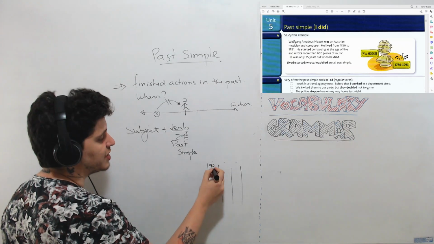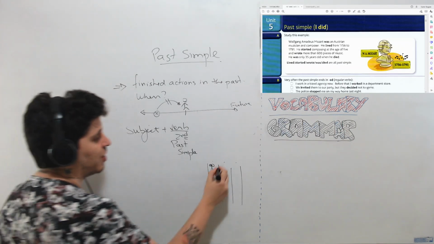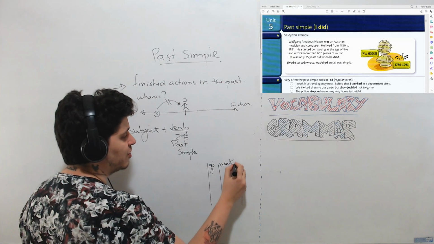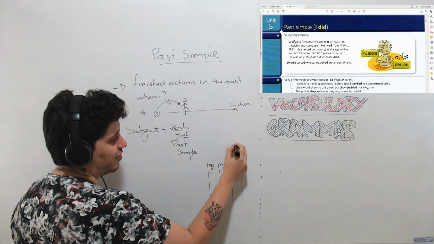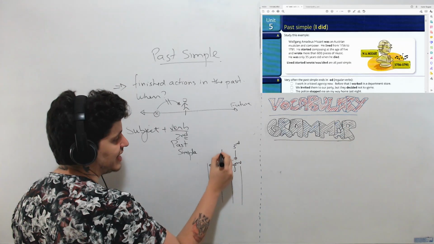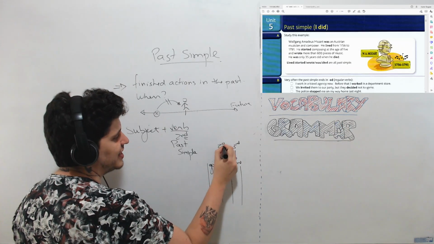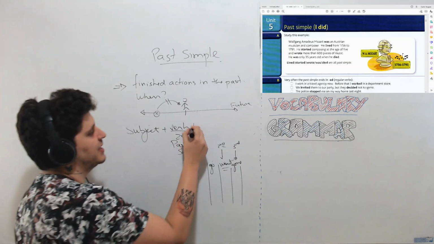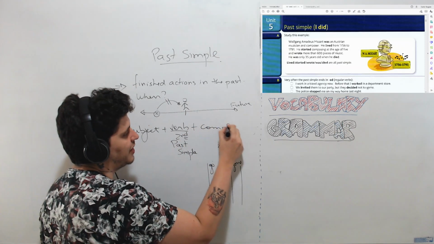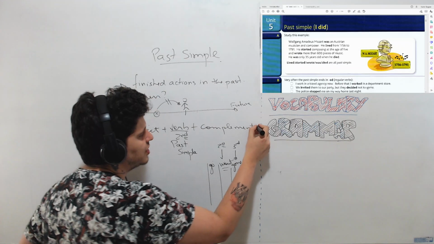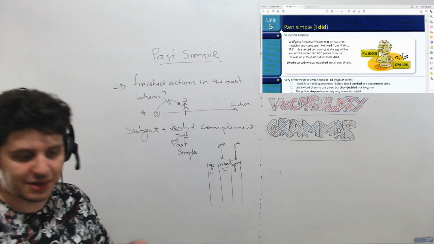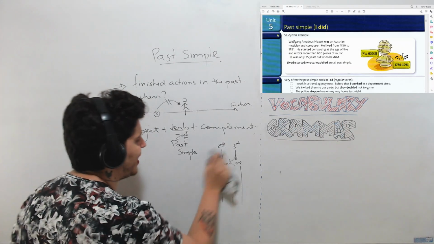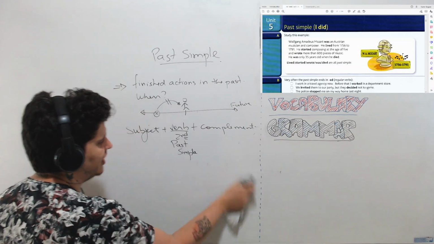We've got the first one that we use in the present. We've got went, which is the past form, and then we've got gone. So this is the third form, right? So why not call this the second form? So the second form is the form that we use for the past. Plus a complement, because depending on the verb you choose, you have to complement it with some ideas. Basically, that is the equation for past simple, if we can call it this way.